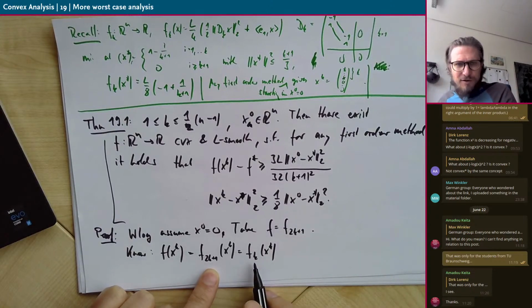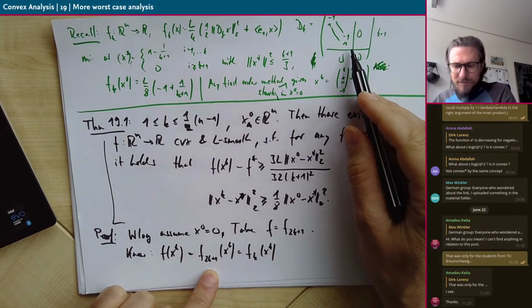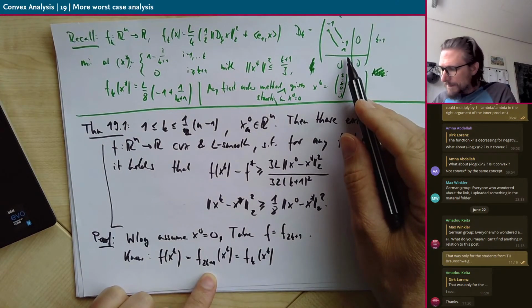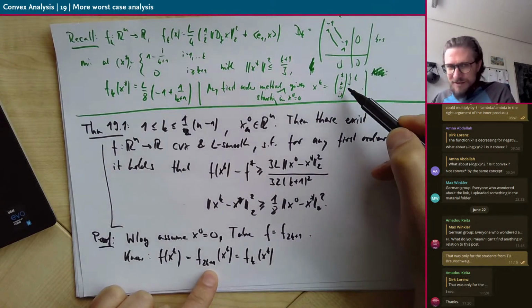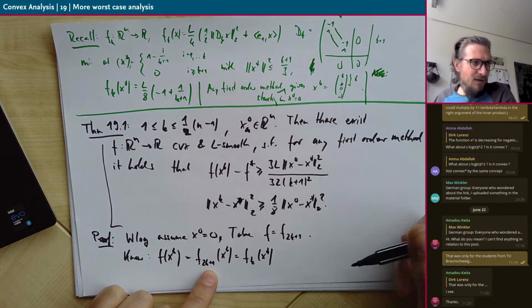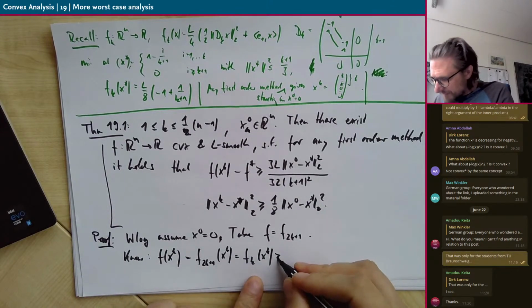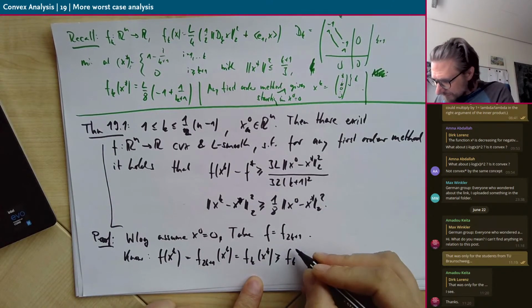Because it only takes a smaller matrix over there, but the difference in the matrix does not lead to any difference in the function value, because the xk only has entries in the first k components. And this is definitely larger than the minimum of fk star.